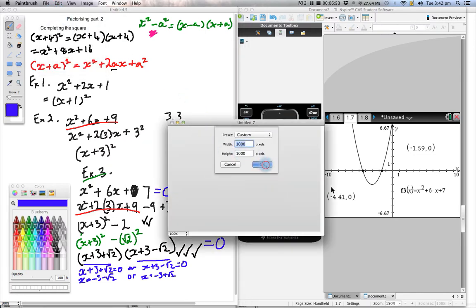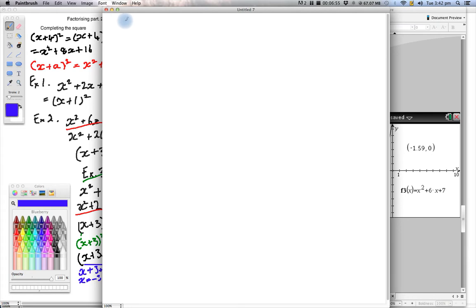Okay, so the null factor law. We've learnt that solving an equation is the same as finding the x-intercepts.